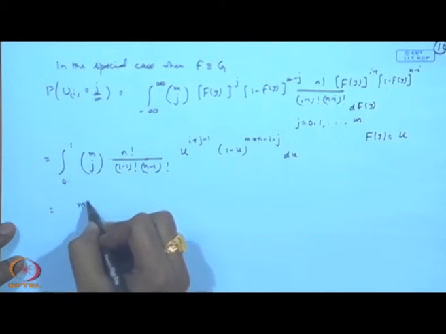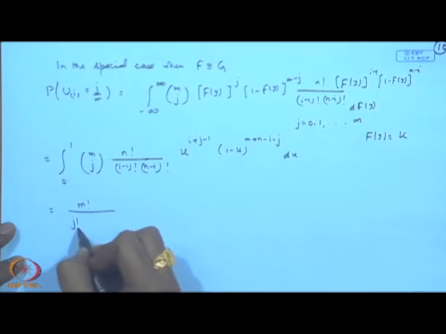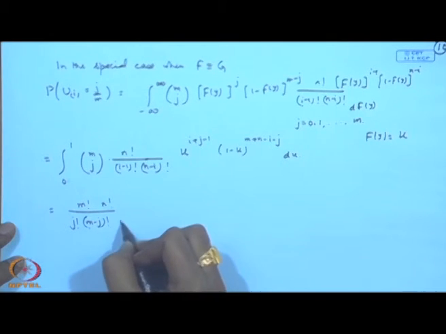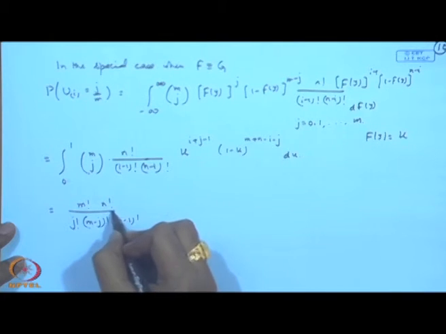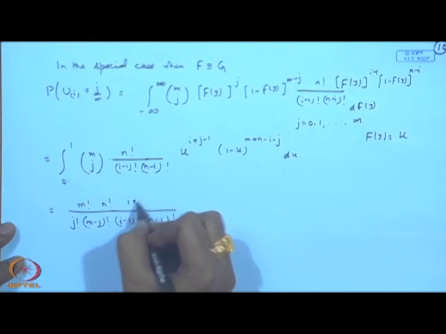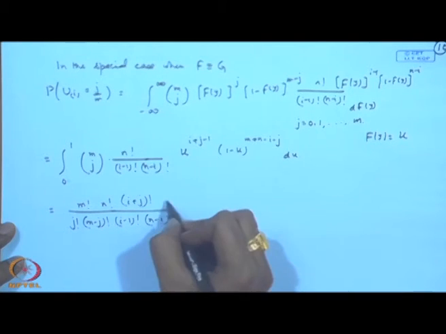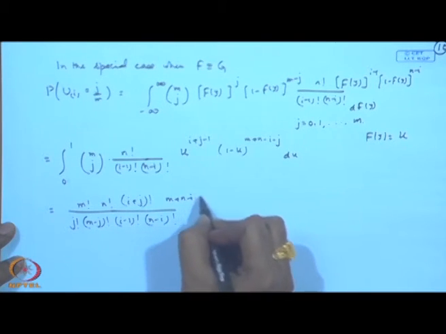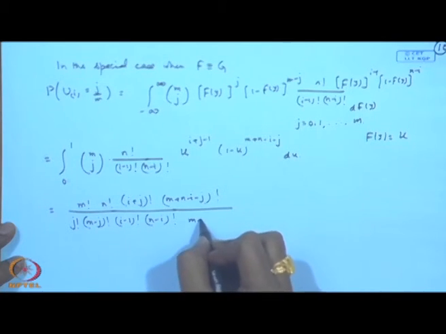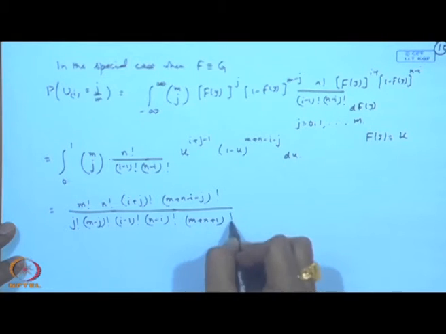That is equal to m factorial divided by j factorial (m minus j) factorial, times n factorial divided by (i minus 1) factorial (n minus i) factorial, then this is becoming (i plus j minus 1) factorial (m plus n minus i minus j) factorial, and here it will become (m plus n plus 1) factorial.